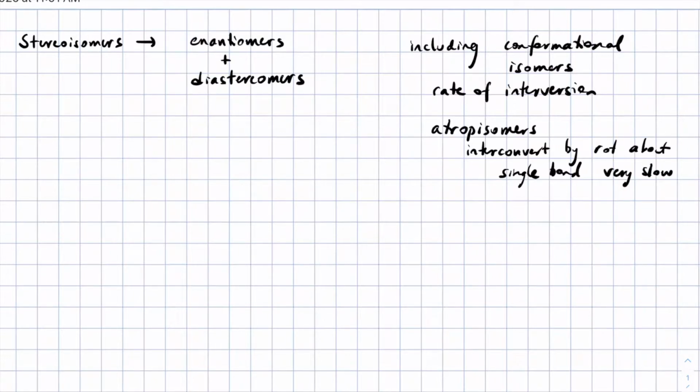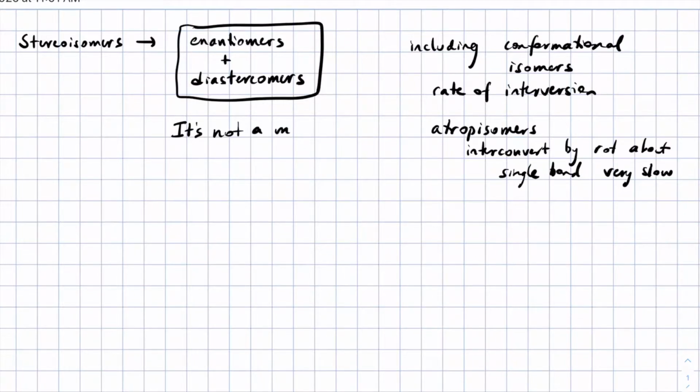Some terms. So overall, if two stereoisomers are not enantiomers, they have to be diastereomers. If you have a hard time remembering that, you need to go look up the VeggieTales Silly Songs with Larry, where I think the song is called "It's Not a Monkey, It's an Ape."